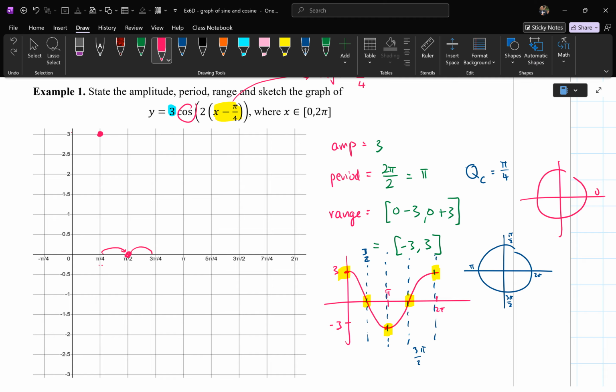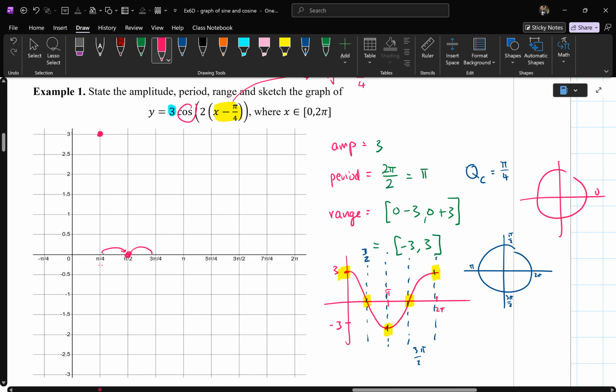After I move another quarter, it should now go down to -3. After I move another quarter, it should now move to the midline. After another quarter, I should go to the maximum. After another quarter, I should hit back at the midline. And after another quarter, I should hit minimum. And another quarter, I hit midline.